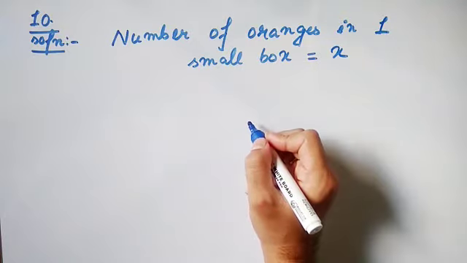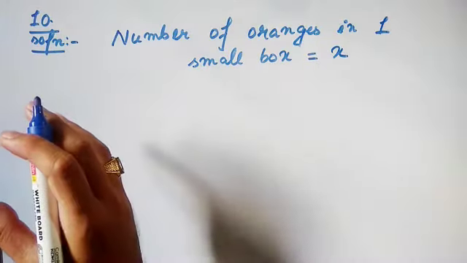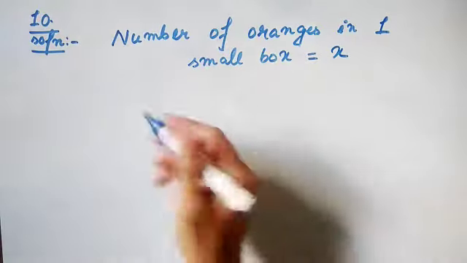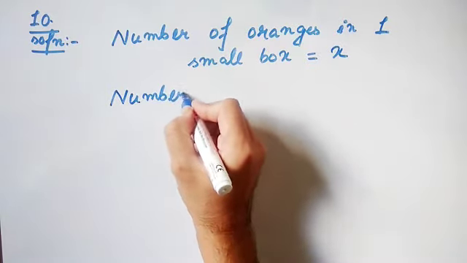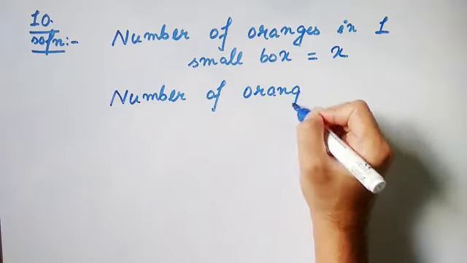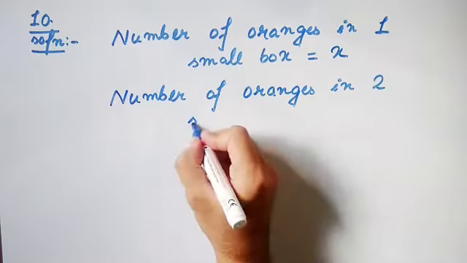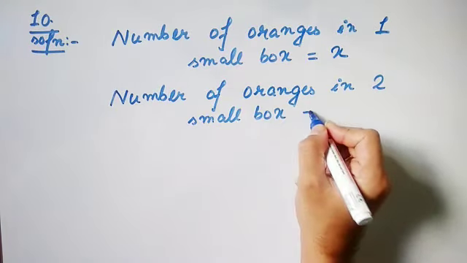Okay, and those oranges which are in the larger box fill how many smaller boxes? 2 smaller boxes, right? So our next statement will be: number of oranges in 2 small boxes.